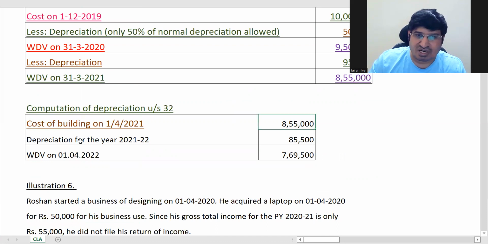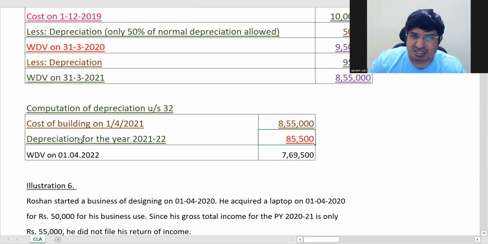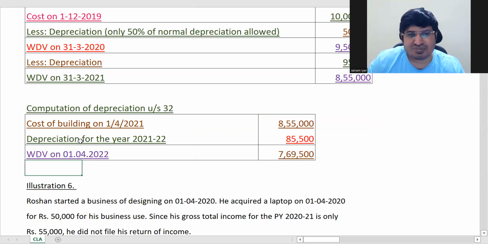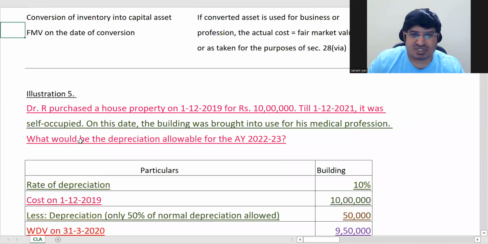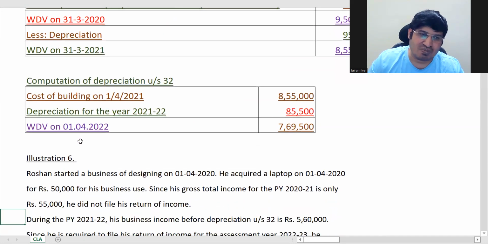Cost of building is 8,55,000. Depreciation is 85,500, 10% of this straight away, and this is your answer. Fine, clear? Okay, this is one problem.